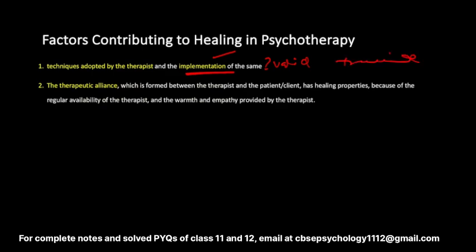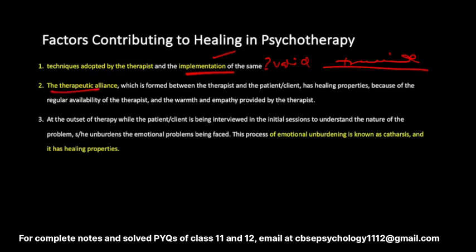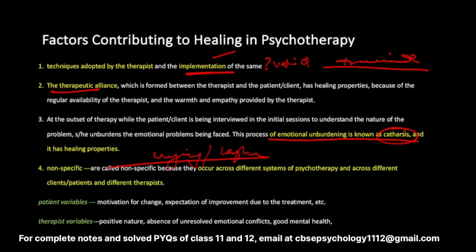Then the therapeutic alliance, how good and strong it is, and the process of emotional unburdening, called catharsis. When the person starts to talk about their problems, they might have an emotional discharge with crying or laughing, called catharsis, and it has healing properties.